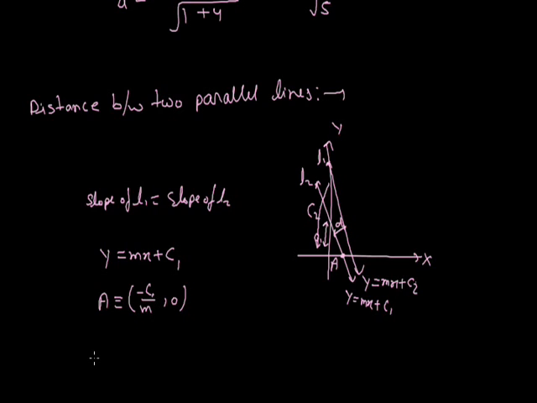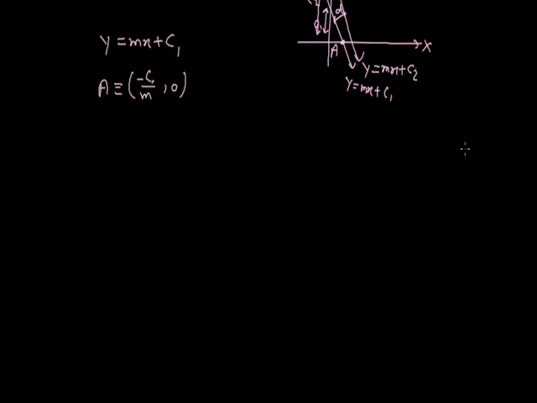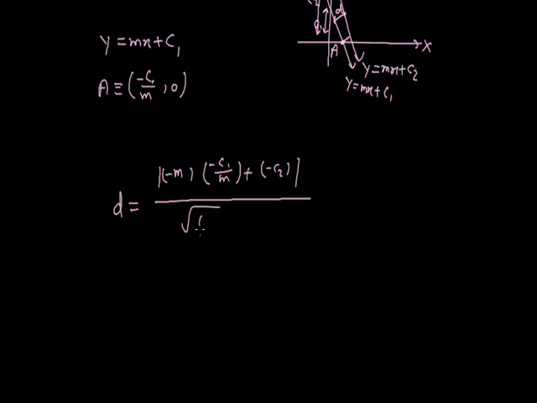Now the distance between L1 and L2 is the distance of point A from the line L2. So here we can use the distance formula of a point and apply it like this: m into minus c1 upon m plus minus c2, mod, upon under root 1 plus m square.